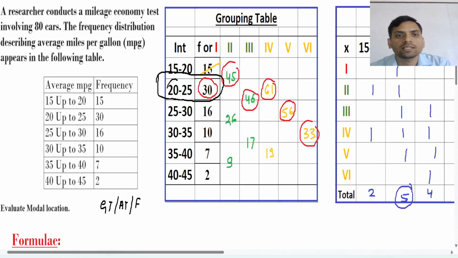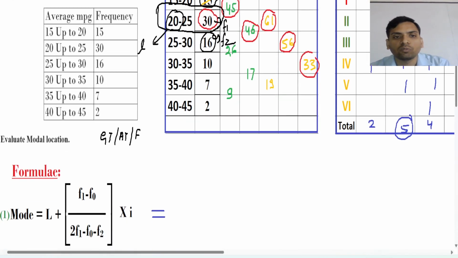In this modal class, this quantity is considered as L, and this quantity is considered as F1, this quantity is considered as F0, and this quantity is considered as F2, and gap between 20 to 25, that is I. Now we will put all these values in this formula. So L equals 20, and in formula F1 minus F0, F1 is 30, F0 is 15, so this equals 30 minus 15, divided by 2 into F1.